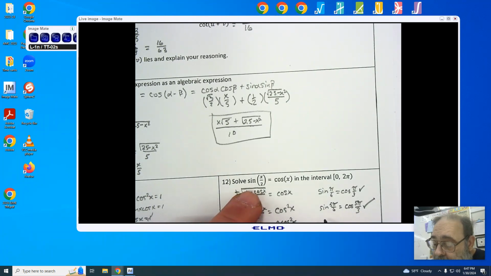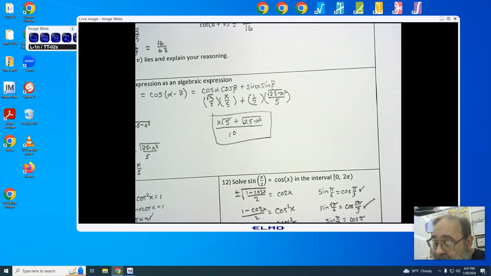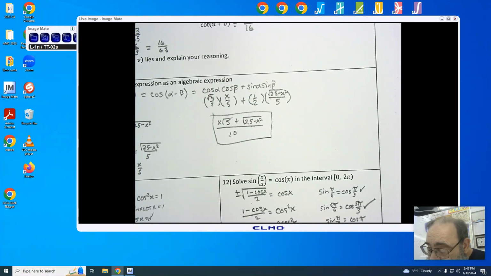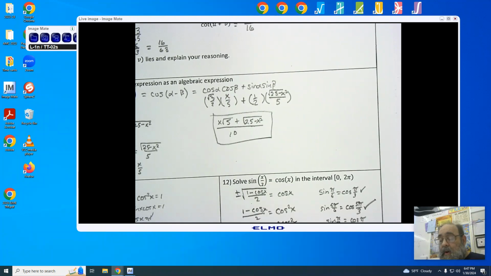So we take our sine of pi over 2, and we compare it with the cosine of pi. Notice, sine of pi over 2 is 1, but the cosine of pi is negative 1. This is not correct. They are not equal. It is an extraneous solution, and the only two answers are pi over 3 and 5 pi over 3. And these are my solutions for number 12.